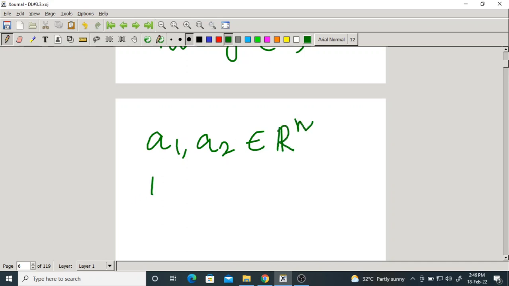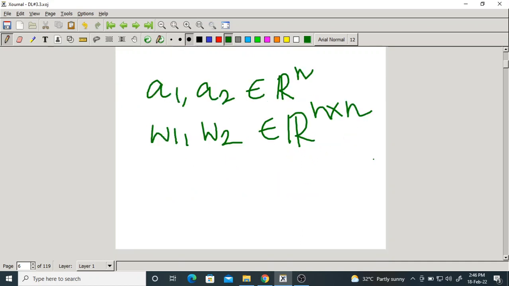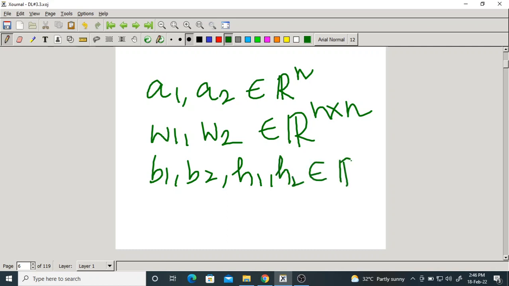N. The dimensions of W1, W2 are N cross N. b1, b2, h1, h2 also have dimension N. Otherwise, here N equal to 3, you can also write 3.